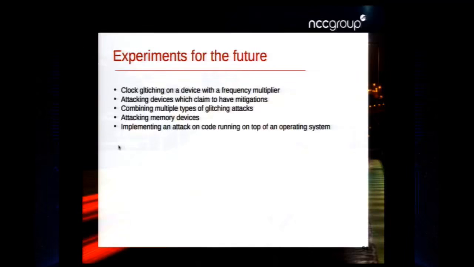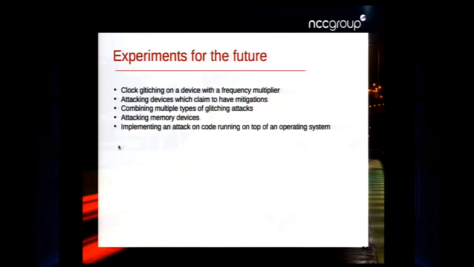So, experiments for the future. I really wanted to do a glitching attack on a device that had a frequency multiplier. I just wanted to see how that would work out. Attacking devices which claim to have some sort of mitigations against it. Also, combining multiple types of glitching attacks.